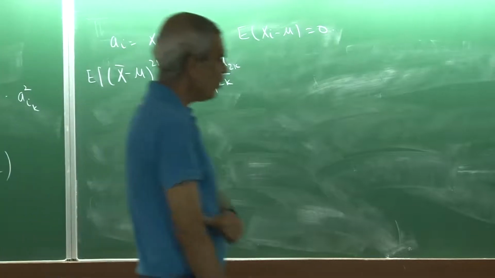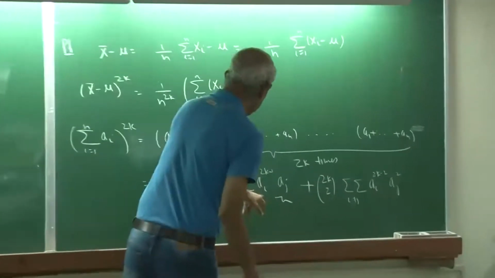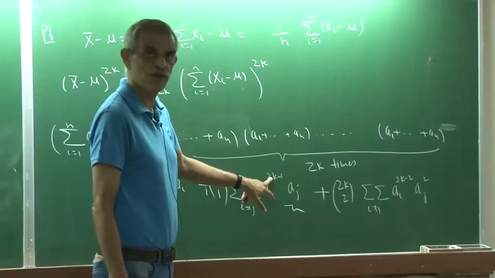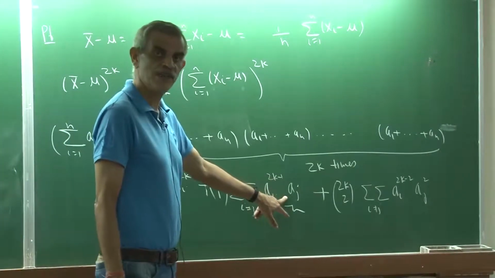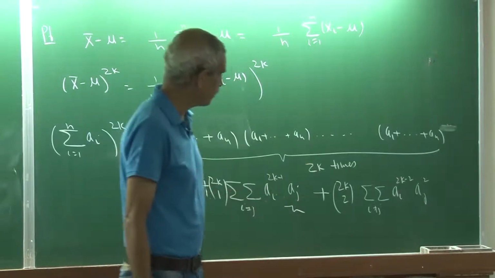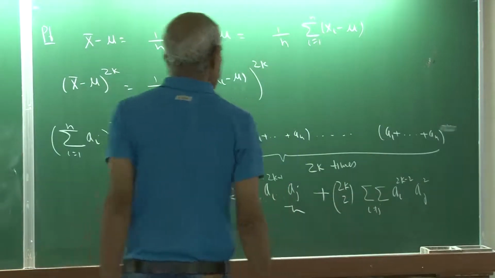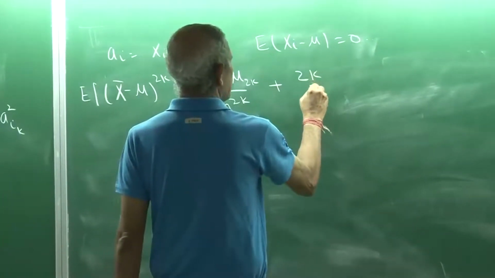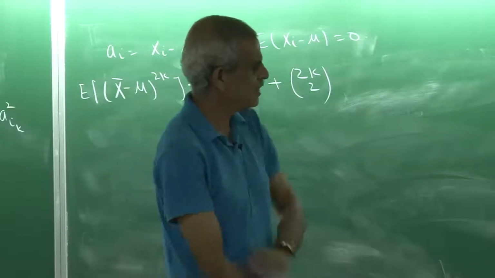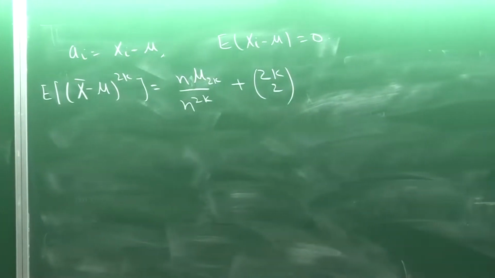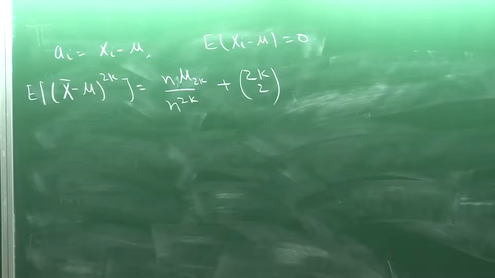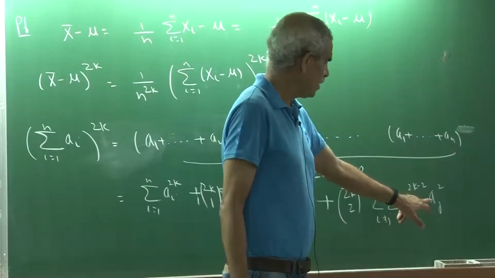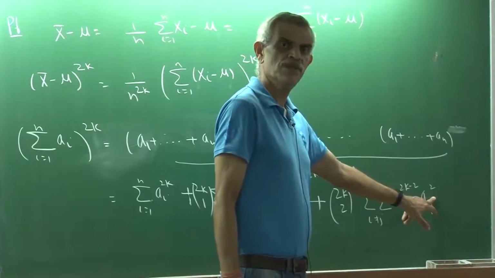Okay. What would be this quantity? This would be 0, because expected of xi minus mu to power 2k minus 1 into expected of xj minus mu, which is 0. Let us look at this quantity. So first 2k choose 2, which is a constant, so I don't care about it as long as it is constant. And then this would be how much? Expected of xi minus mu to power 2k minus 2 into expected of xj minus mu whole square.